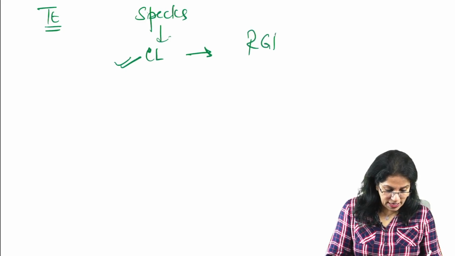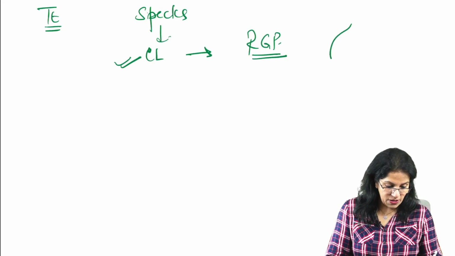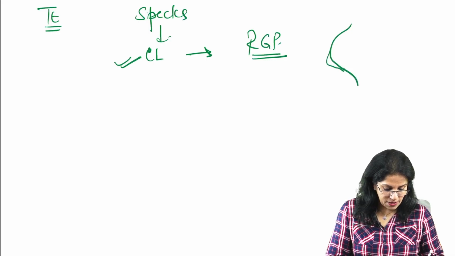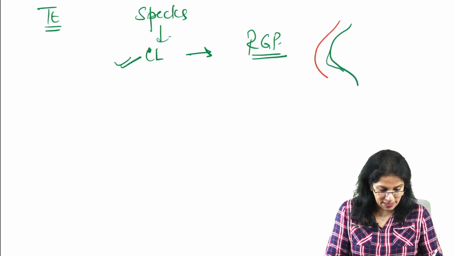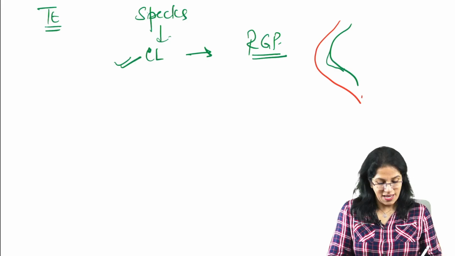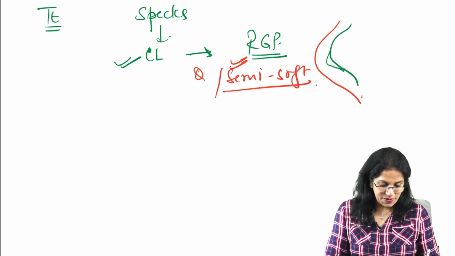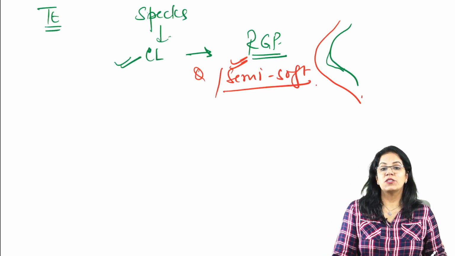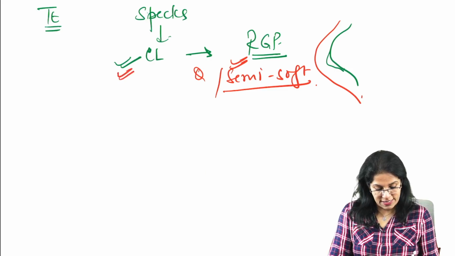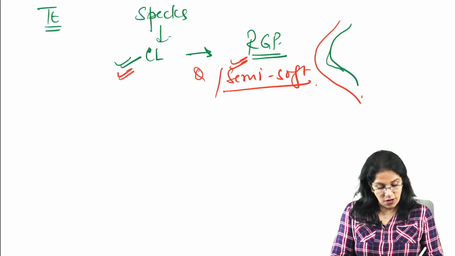It is rigid gas permeable lenses, because this irregular surface will be replaced by a regular surface. So RGP lenses, not semi-soft contact lenses, are going to help. Okay. So we will remember this as the choice of contact lens. That is what they ask. This is not working.